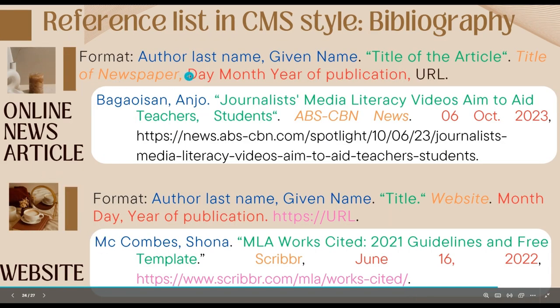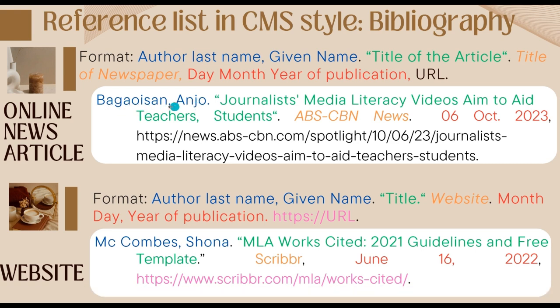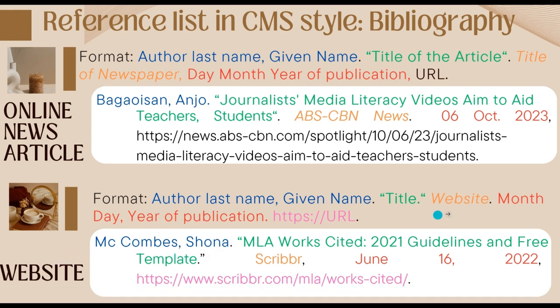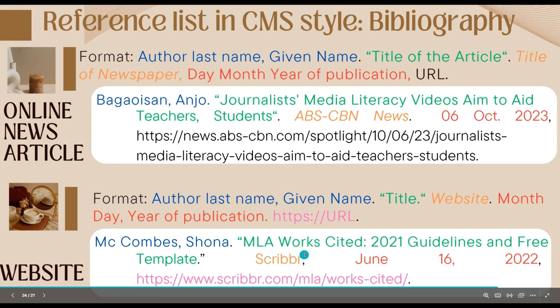Online news article: author's last name, given name is complete, title of the article in quotation marks, the title of the newspaper, the day, the month, and the year of publication, the URL. For the website, same format. Author's last name, given name is complete, title in closing quotation marks, the website in italics, the month, the day, the year of publication, and the URL.